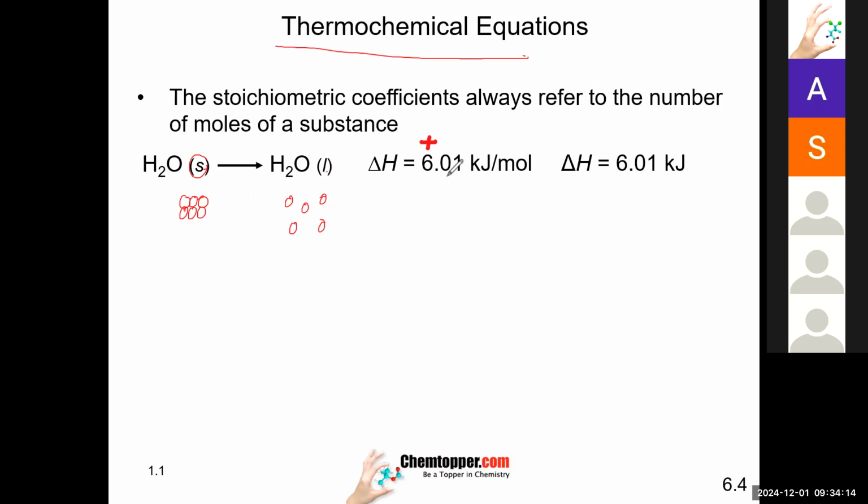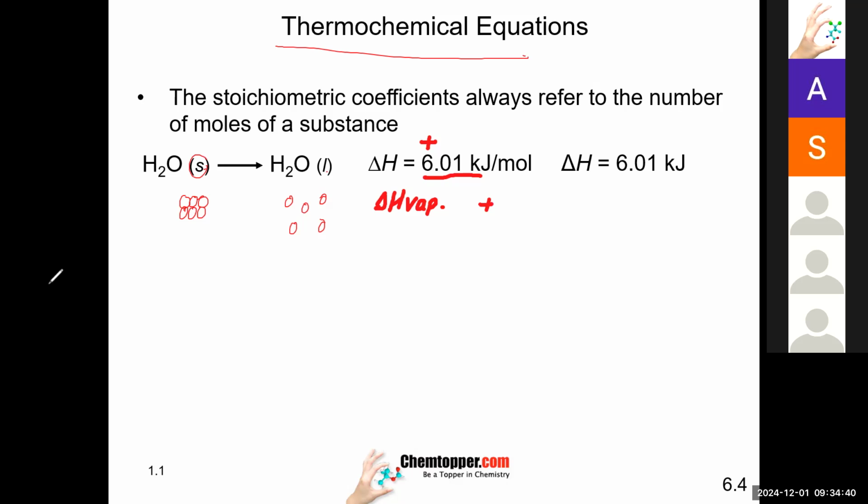Okay, and this is the amount of energy needed to convert 1 mole of solid water, that is ice, into liquid. And the process is called delta H of vaporization. This is vaporization. So the name of this enthalpy change is delta H vap, which is endo.